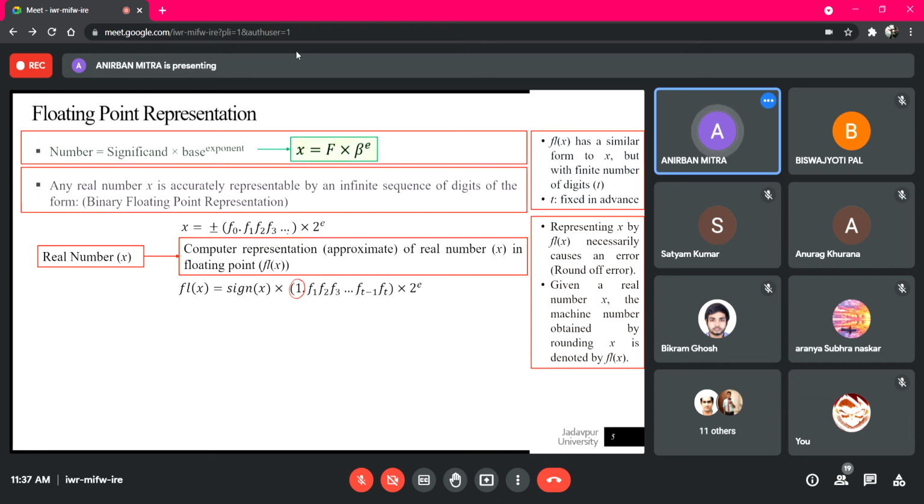The previous one, the real representation, could have gone up to infinity. But here we are truncating the digit string after t number of digits. This could either be done through chopping or rounding, whichever is applicable. And then after the mantissa, we have the base 2, raised to the power e. So that is the exponent. And this t is, of course, fixed in advance depending on the computer architecture.